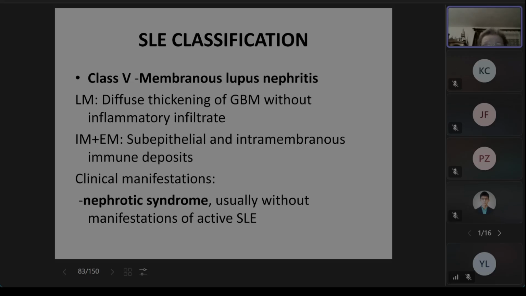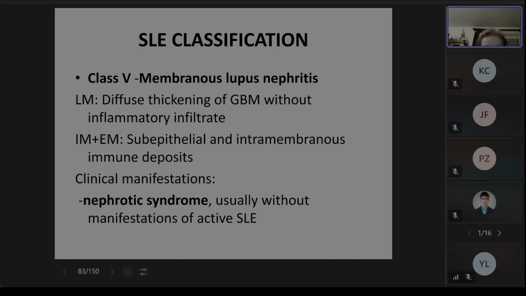Class 5 of systemic lupus erythematosus is connected with diffuse thickening of the glomerular basement membrane, which is in fact membranous nephropathy, leading to huge, nephrotic range proteinuria.